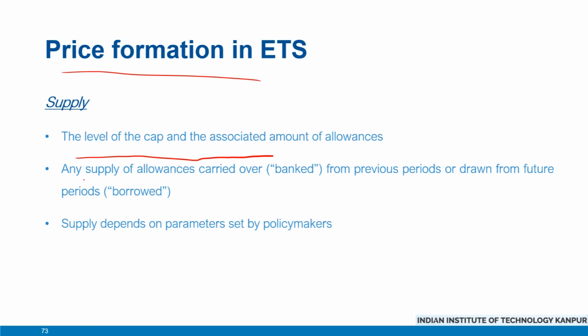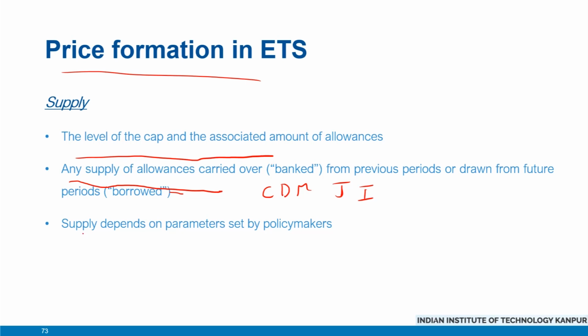The next factor is the banked allowances, that is, the supply of allowances carried over from previous periods, and also borrowed allowances, that is, allowances drawn from future periods. And lastly, other sources may include mechanisms such as CDM and JI, that is, Clean Development Mechanism and Joint Implementation projects.